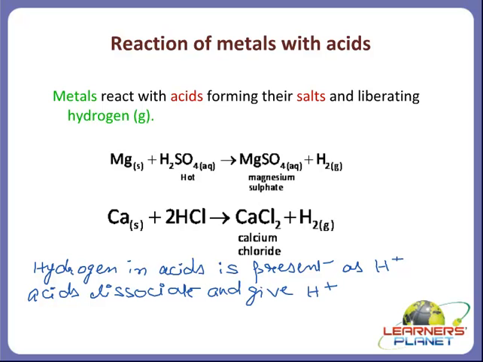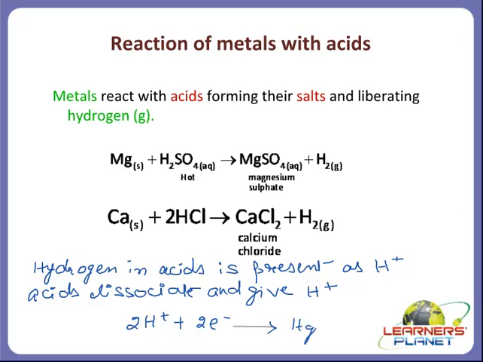Now when this H plus has to be evolved as hydrogen gas, what should it take up? H plus will take up electrons and it will be evolved out as hydrogen gas.